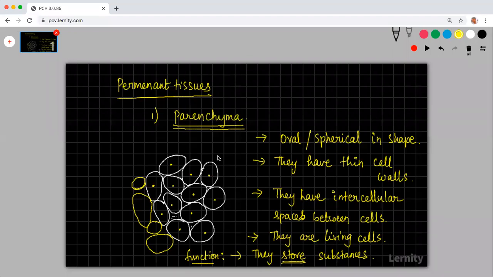Please copy this. Okay, there are different types of parenchymatic cells.